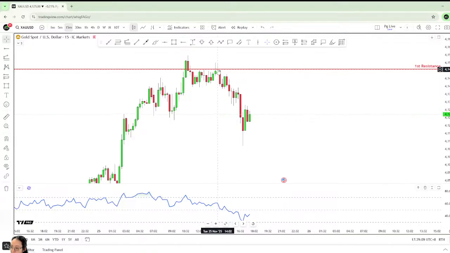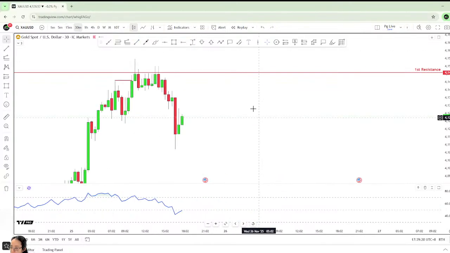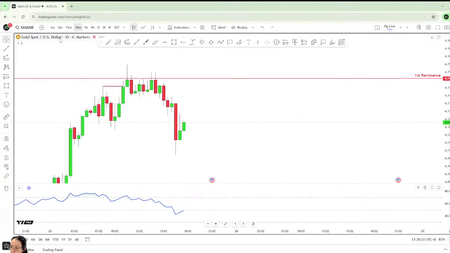The body is still closing below, not even going above this level. Price made the break of structure here, I know that, but this is my key level. Then price was ranging. I go to the M30, you will see it was sideways here before they break below.